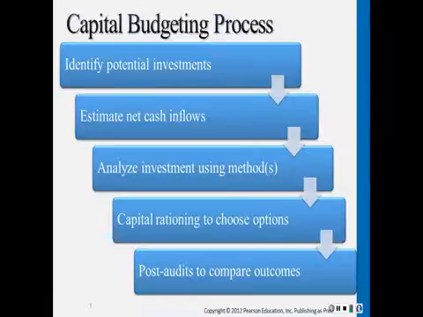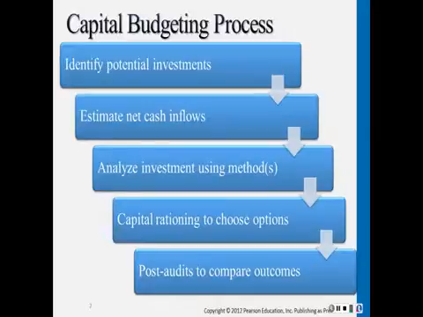Potential investments that pass stage 1 go on to a second stage of analysis. In the second stage, managers further analyze the potential investments using the net present value and/or internal rate of return methods. Because these methods consider the time value of money, they provide more accurate information about the potential investment's profitability.